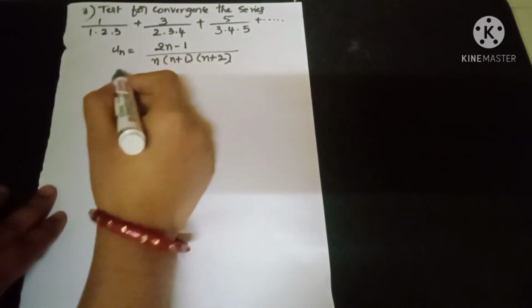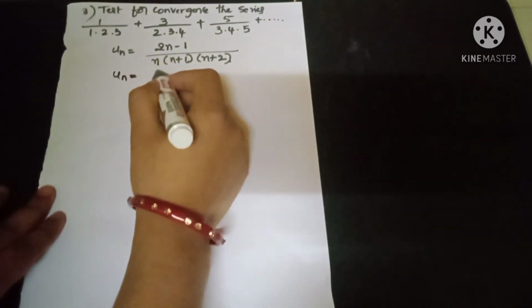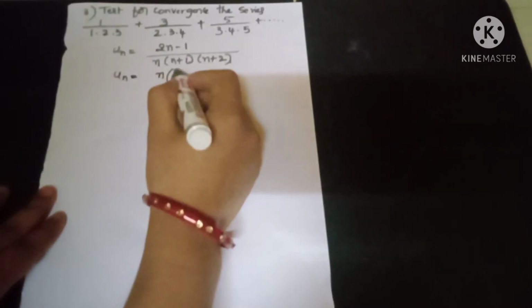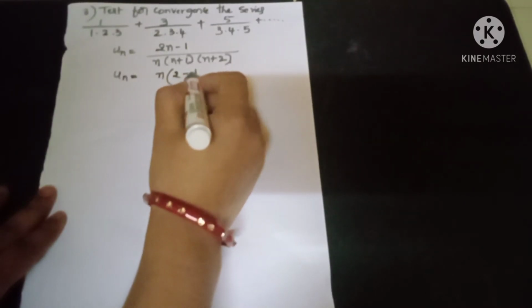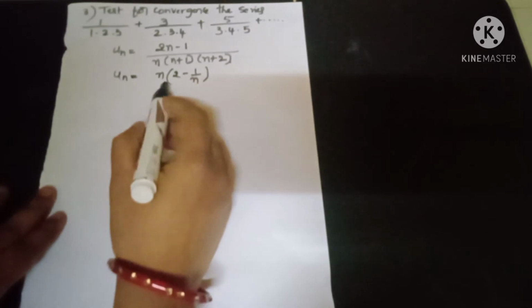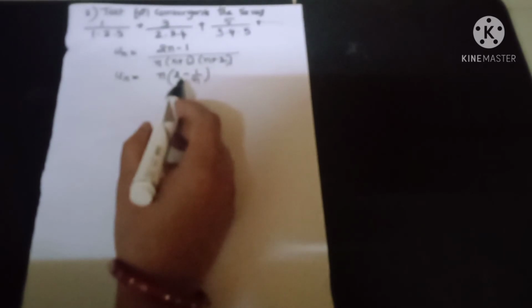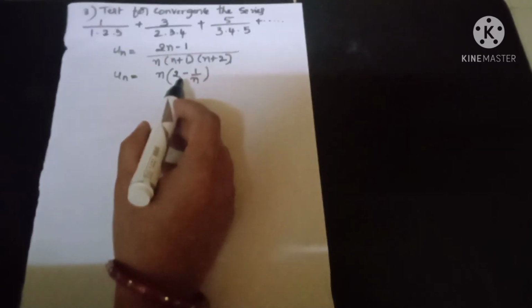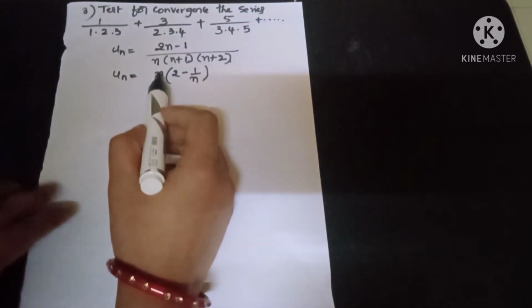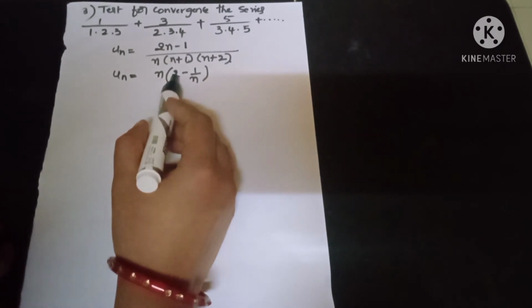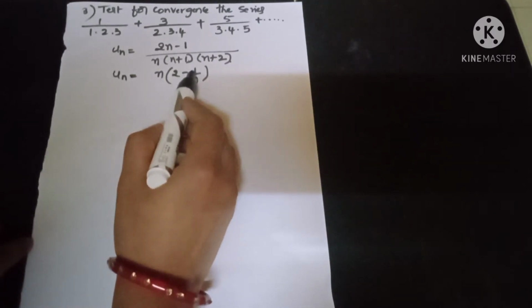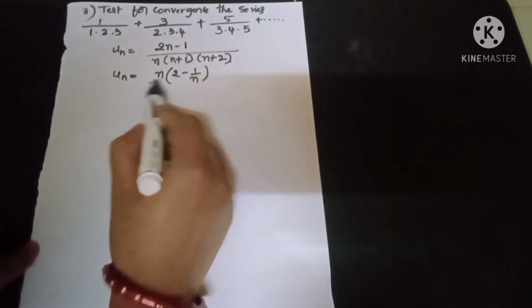So I'll take n outside, then we will be left with 2 minus 1 by n.